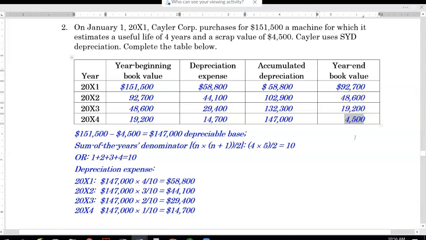You might keep the equipment for many more years, but that's how it looks in your balance sheet, showing $4,500 book value. If one day you sell it above 4,500, you will have a gain on sale of used equipment. If you sell below 4,500, then you will have a loss on sale of equipment.